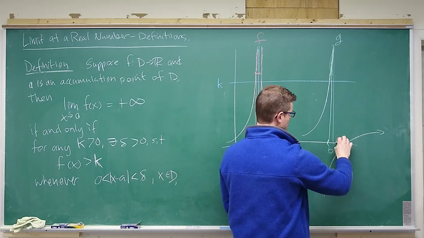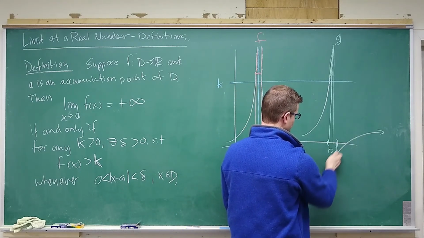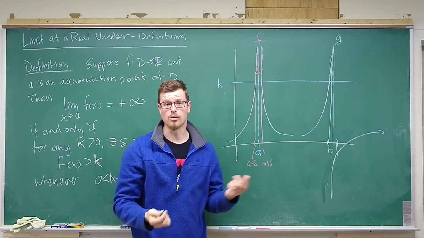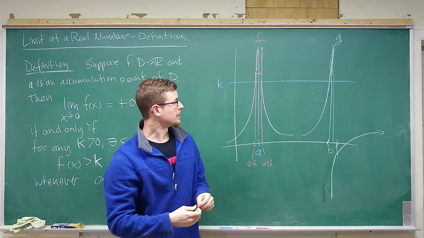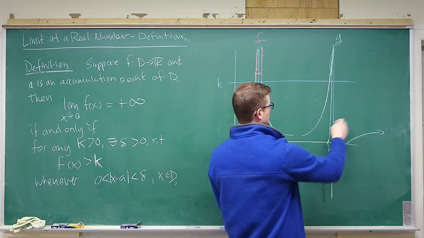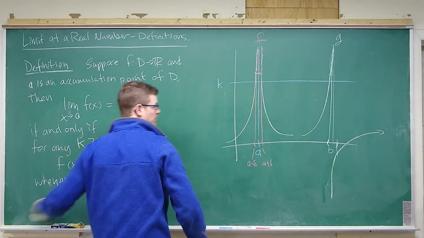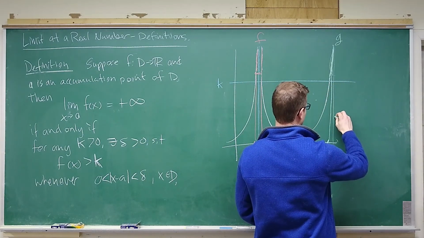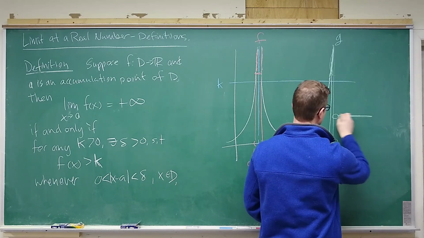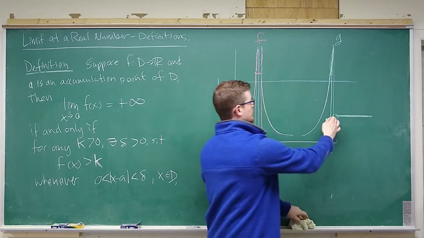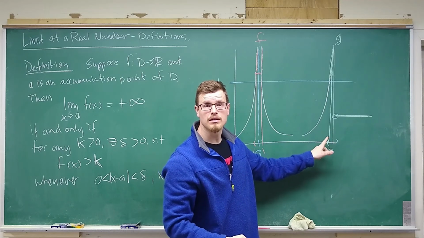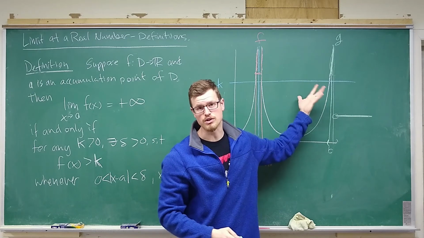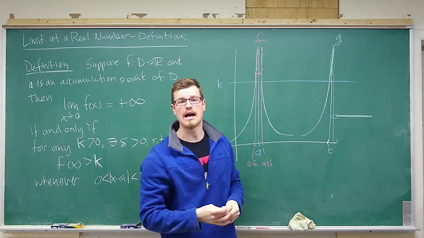But when I look at the other side over here, I end up with values which are below k. I could have even used an example that looked like this. Okay, it's not defined at all at b. It goes off to infinity on the left-hand side over here, but on the right-hand side, it's some constant value which is below k. This still would not have an infinite limit.